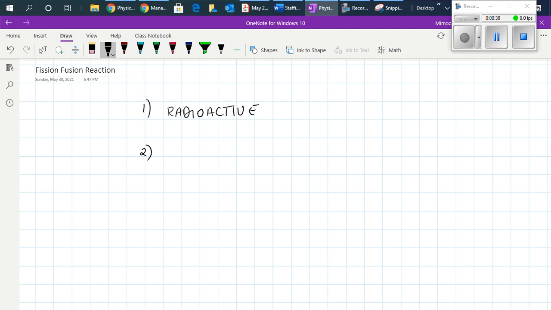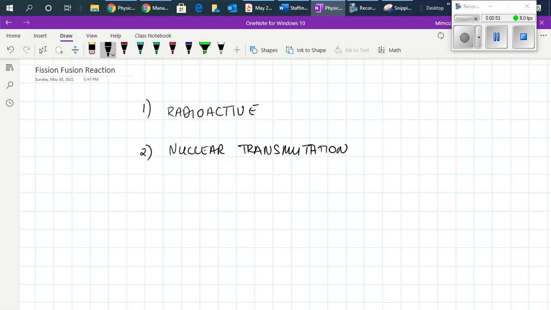The second one is induced transmutation, nuclear transmutation. Next one is fission and fusion. We will discuss those 3 now in this video, and then radioactive reactions in a separate video.